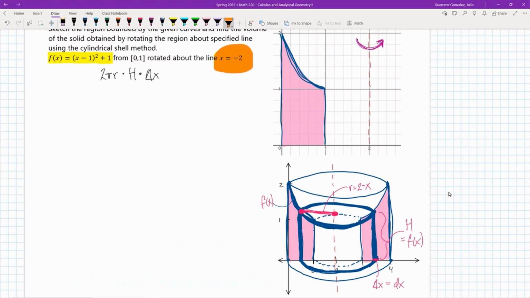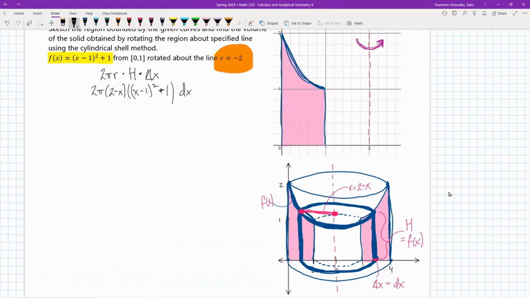So that's the reason why we have a good picture. Let's go ahead and combine everything to make sure that everything fits in here. We know what r is. That's going to be 2 minus x. My height is given by my function, so it's going to be times x minus 1 quantity squared plus 1. And my delta x becomes my dx.